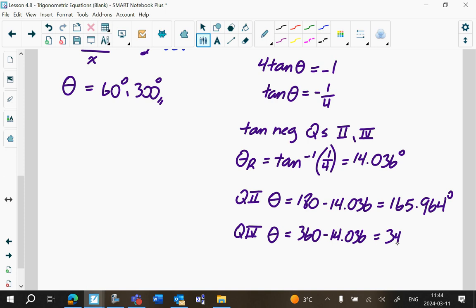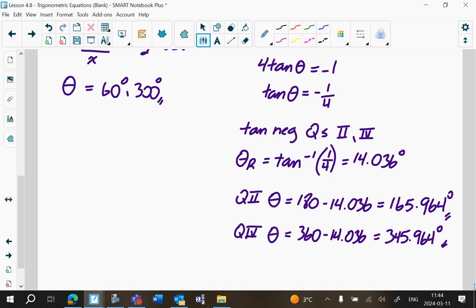No, 964. And those are our 2 answers. So obviously you want a little bit of practice with the calculator one. Okay, and remember, you've got to know your positives and negatives for sine, cos, and tan.